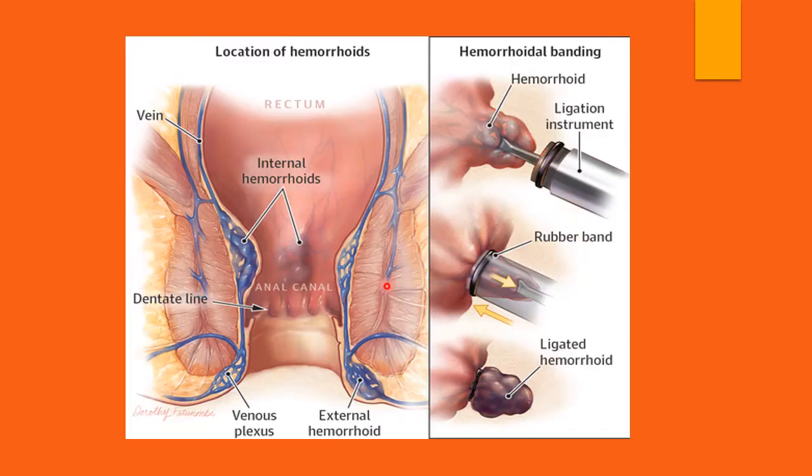This is a clearer picture. Okay, this is the internal hemorrhoid which is here. It is pulled into the ligator, and then the rubber bands are released and fired to catch the neck of the second-degree hemorrhoid, causing it to get strangulated and fall off.